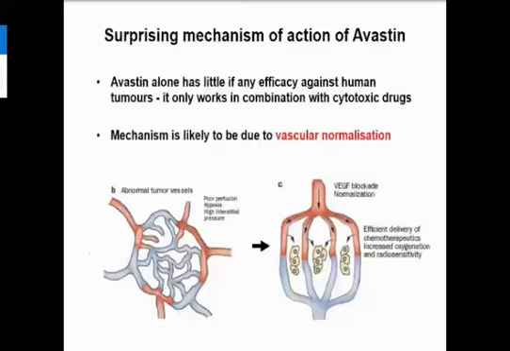And you might think, well, that's going to be a catastrophe because now we're suddenly feeding our tumour with lots of blood. But that's why the combination with chemotherapy is so important, because if we give these chemotherapeutic agents at the same time, the VEGF blockade normalises the vasculature, it allows blood to get properly to the tumour again, and that allows the chemotherapy drugs to get to the tumour and exert this cytotoxic effect.